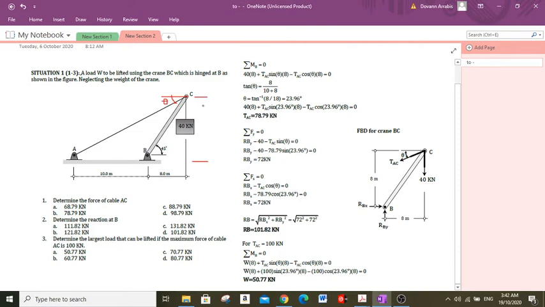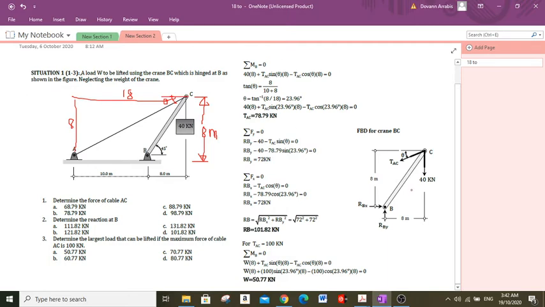Because this is 45 degrees and this is horizontal, this distance is 8 meters. So tangent of theta is equal to 8, opposite this triangle. This is 8. This is 18. So tangent of theta is equal to 8 over 18, and we can solve the value of theta.